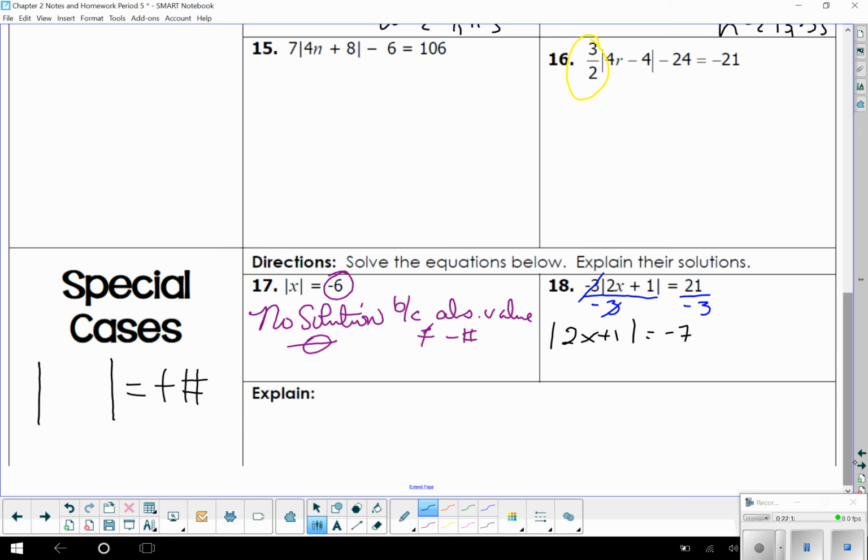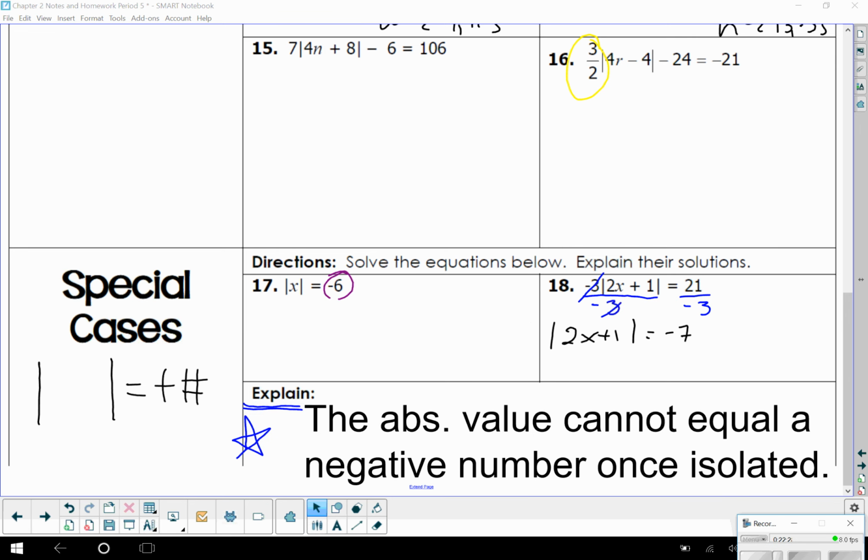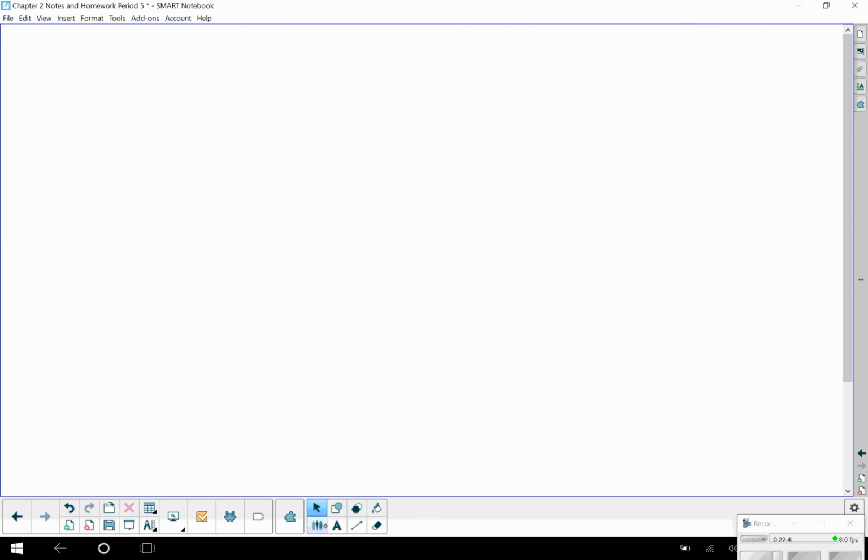So what I want you guys to do now is write the explanation right here. So hopefully your explanation said something like mine, the absolute value cannot equal a negative number once isolated. So with that said, your homework, let me go to the next page.